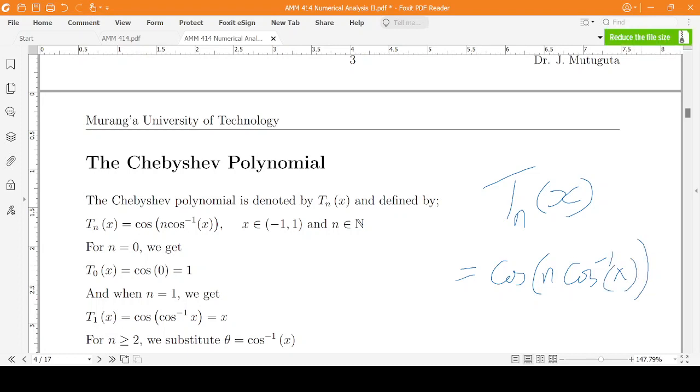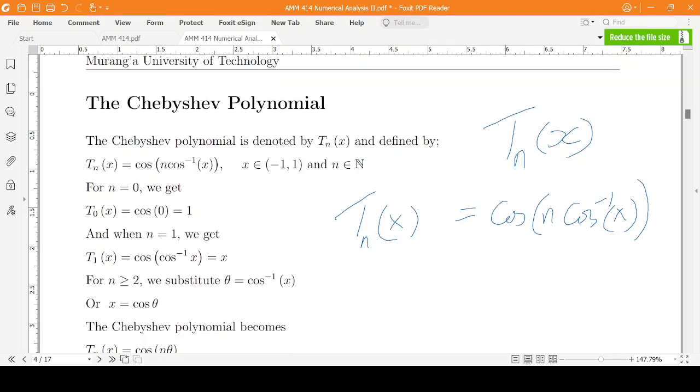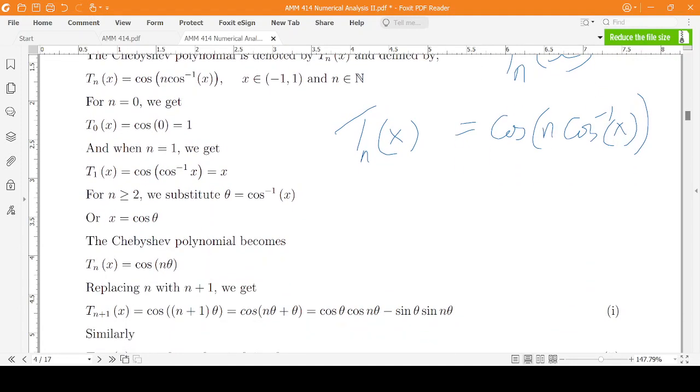We define it in this form. This is the Chebyshev polynomial. Sometimes we call it the Chebyshev polynomial of the first kind. And here n is an integer which takes values 0, 1, 2, 3, and so on.